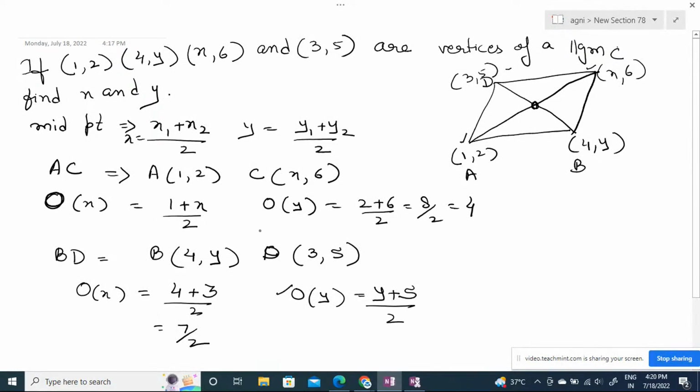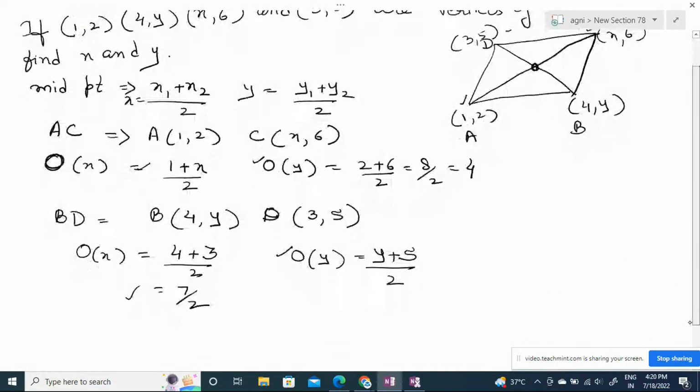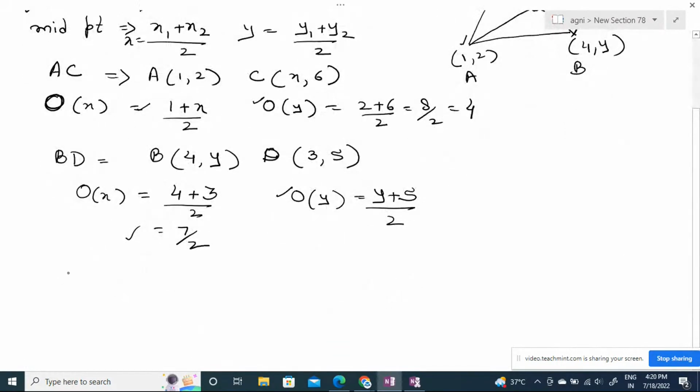Now these 2 points are the same, so we can equate them. So (1 plus x) by 2 is equal to 7 by 2. The 2s get cancelled, so 1 plus x is equal to 7. So the value of x is 7 minus 1, which is 6.